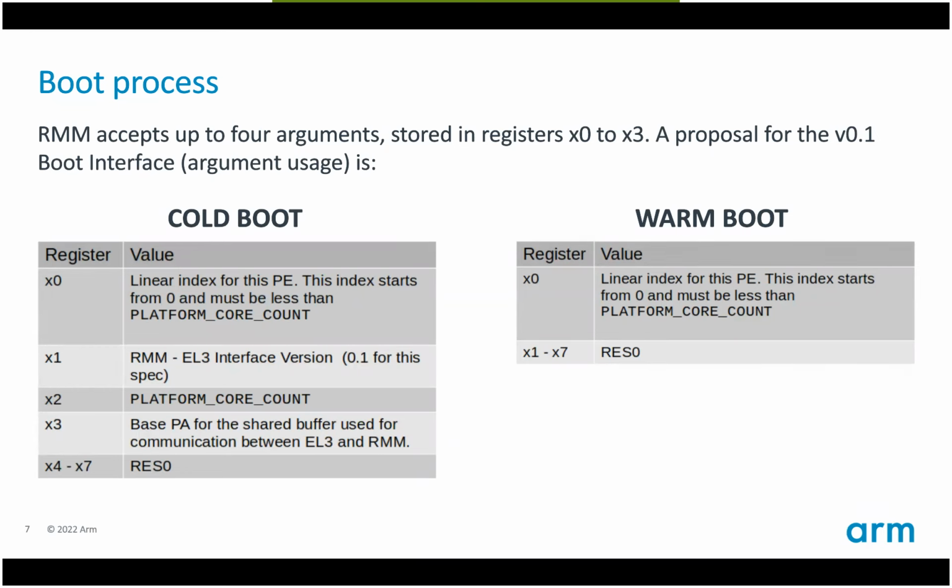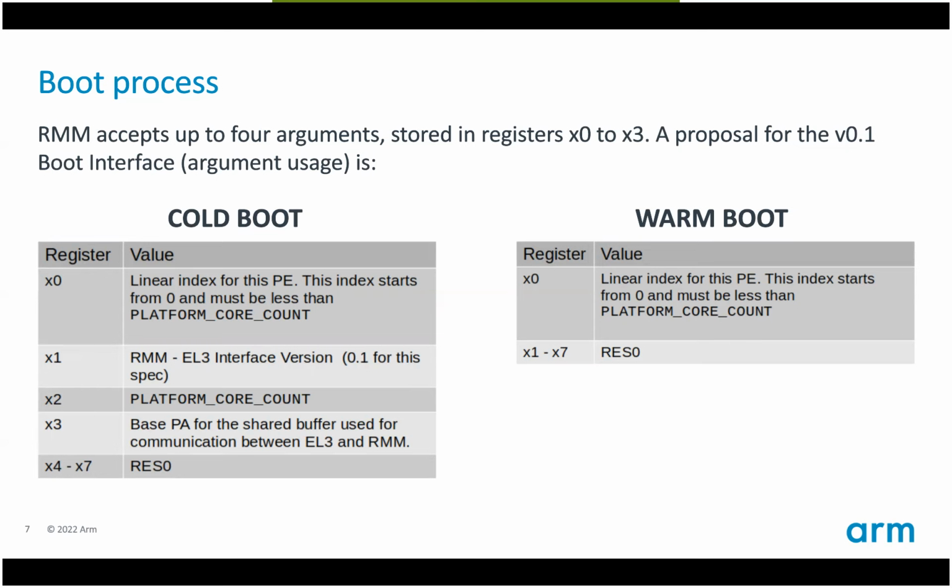When we build RMM, we specify a number of PEs supported. So what's the relationship between platform core count and this number of CPUs? Should platform core count be less than the number of CPUs supported? Yes, platform core count must be less than or the same as the maximum number of CPUs supported by RMM at build time.